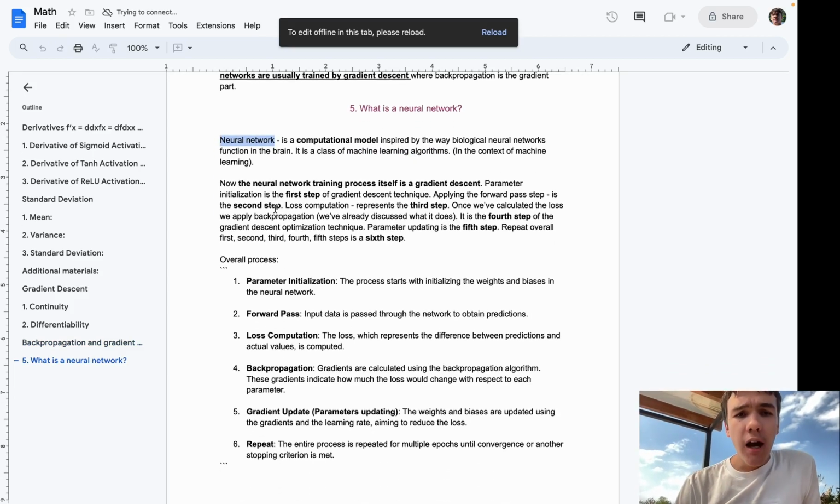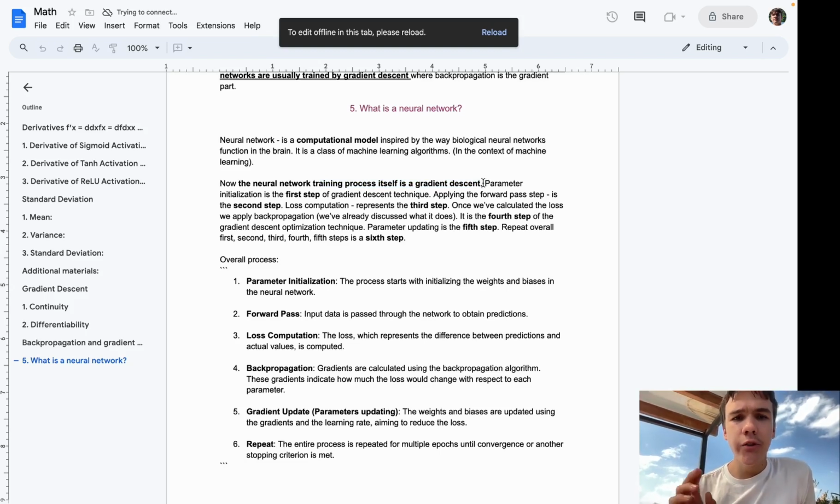So now the neural network training process itself is gradient descent, and you need to understand this. Talking about neural networks, you may ask, is the neural network actually just gradient descent? And this is not gradient descent. You see, what is the neural network?